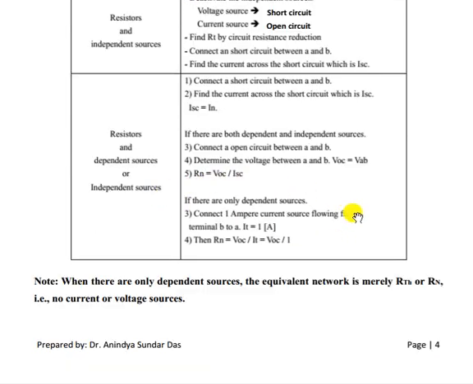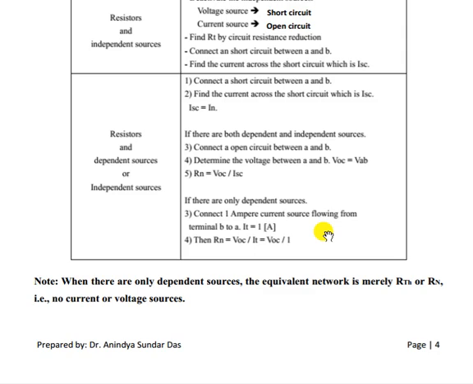If we have only dependent sources, we have to apply the test voltage or test current method. That means there is no independent source. If only dependent sources are there, that circuit is known as a dead circuit, and in that case we connect a voltage source of 1 volt or a current source of 1 ampere across the terminals, after removing the load resistance.